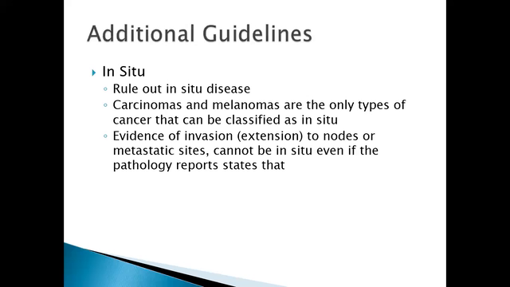So you can easily rule out in situ stage disease, okay? Remember, carcinomas and melanomas are the only types of cancers that can be classified as in situ. Only carcinomas have a basement membrane, and sarcomas are never described as in situ.